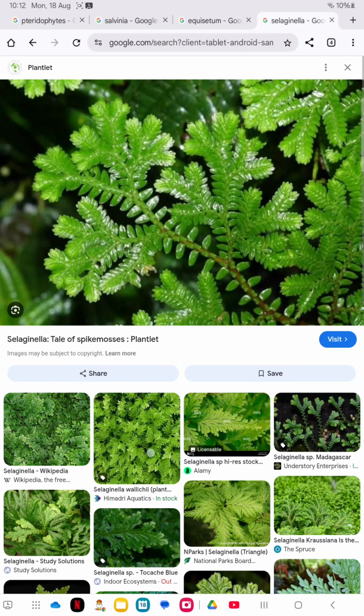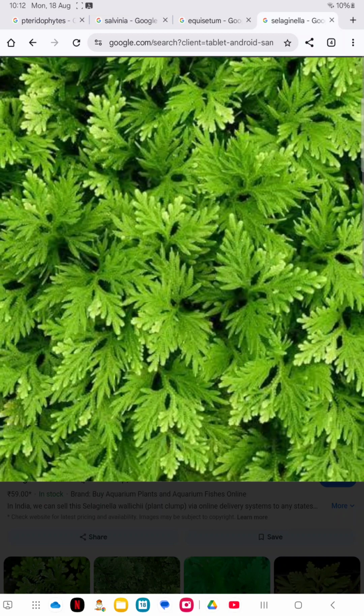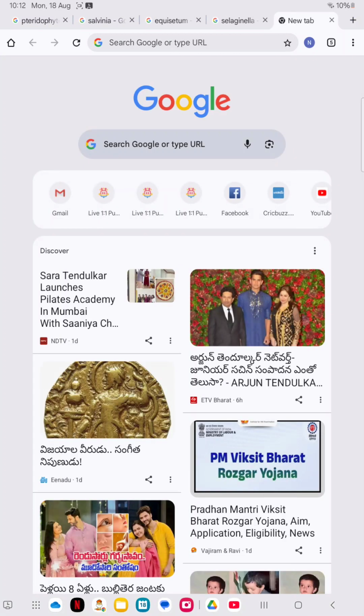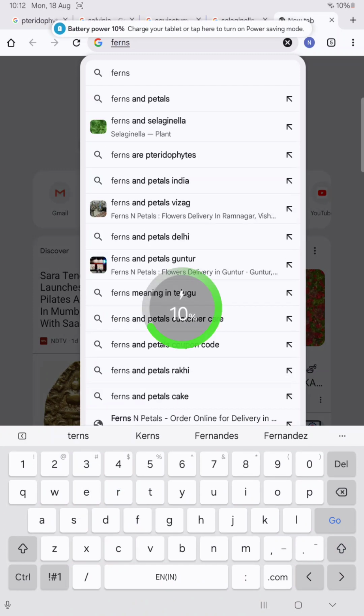The leaves are very small in Selaginella, so they are known as microphylls. When the leaves are very large, we see them in the ferns.